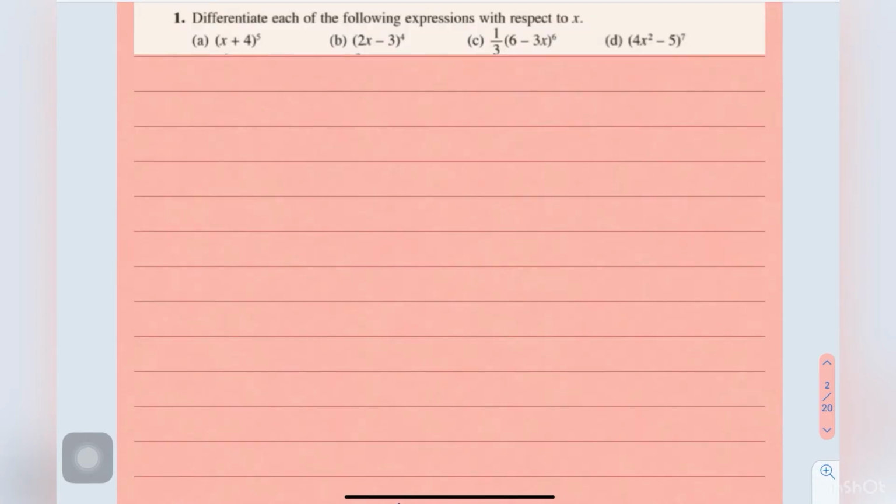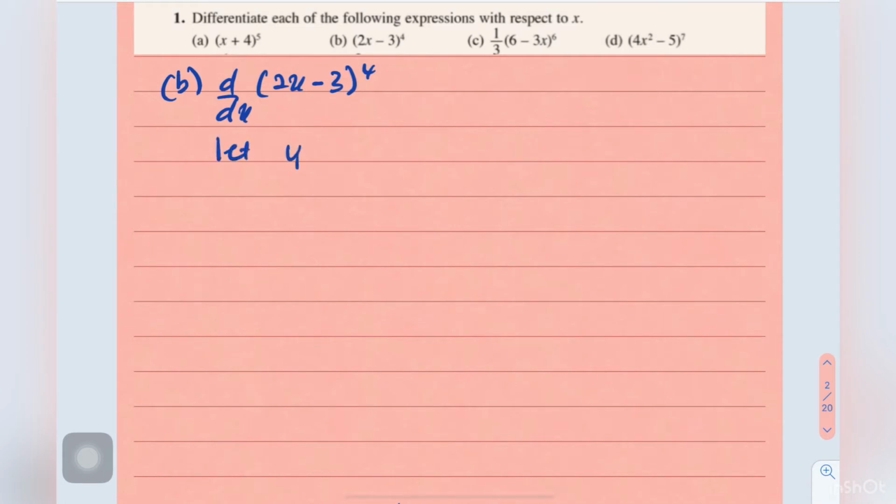Question 1b. d/dx of (2x minus 3) power of 4. Let y equals (2x minus 3) power of 4 and u equals 2x minus 3.